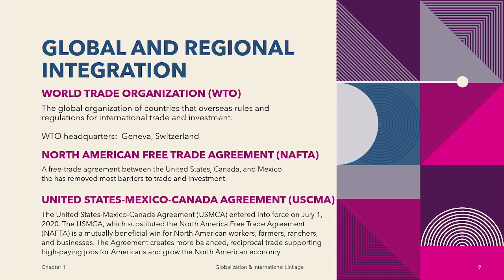So the agreement creates more balanced, reciprocal trade, supporting high-paying jobs for Americans and growing the North American economy. So countries enter into agreements that are in the same geographic location. All right, Canada just north of us, Mexico just south of us. So we have the North American Free Trade Agreement, or the United States-Mexico-Canada Agreement.